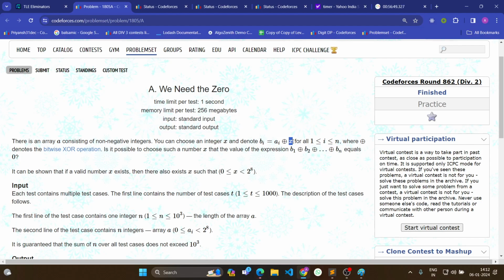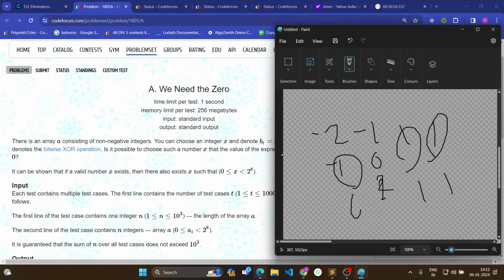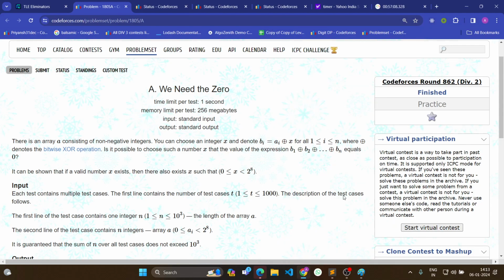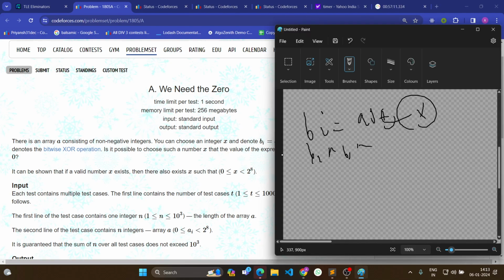So the answer is XOR of x done n times, and a_i. So the mathematical expression is a_i XOR x. Let's say I have 5. So b1 XOR b2 up to b5.